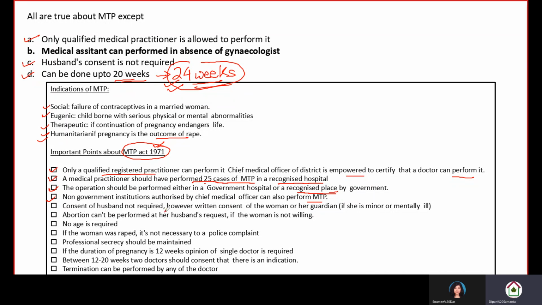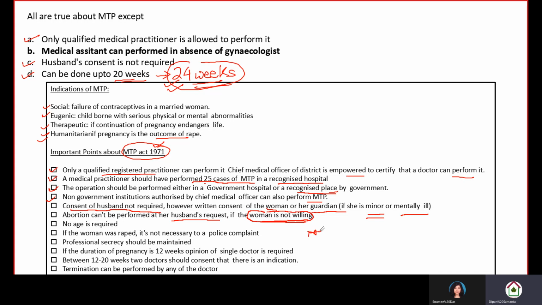Consent of the husband is not required; however, written consent of the woman, or her guardian if she is a minor or mentally ill, is required. Abortion cannot be performed at her husband's request if the woman is not willing. So the mother's interest is the biggest one.